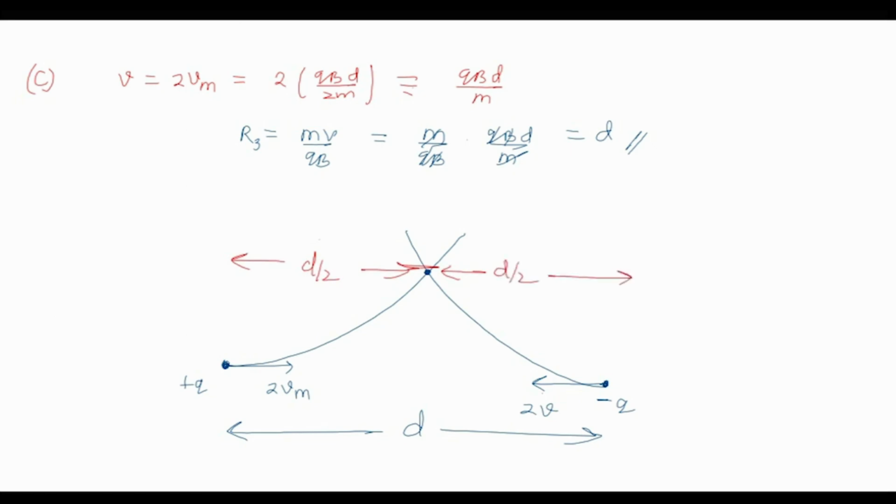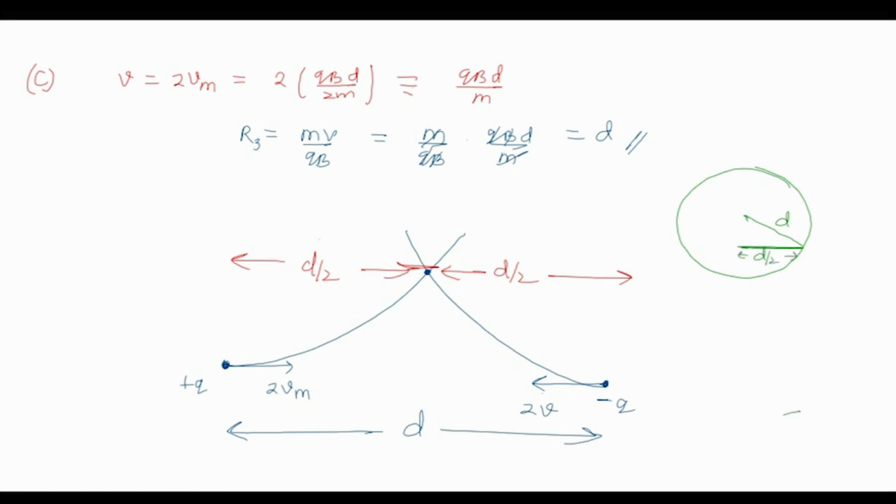So if I draw this in the form of a circle, it will be better for us to understand. We are considering that the particle was moving like this in a circle with a radius equal to d, and the collision takes place when it moved this distance which is equal to d by 2. So this distance is equal to d by 2 which we have.